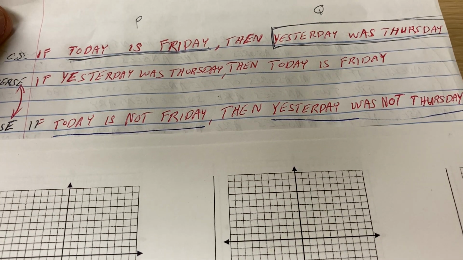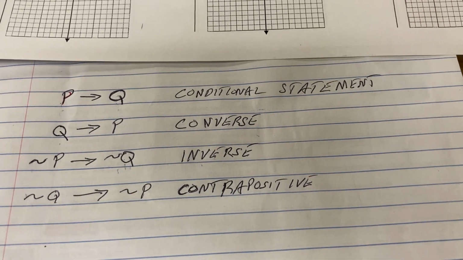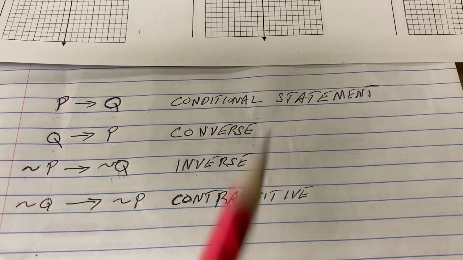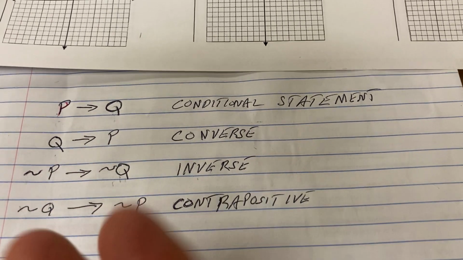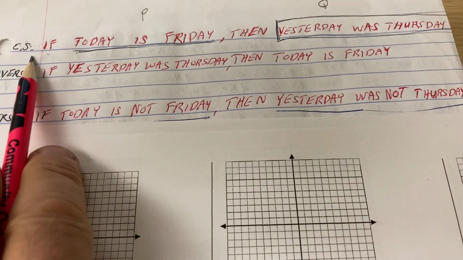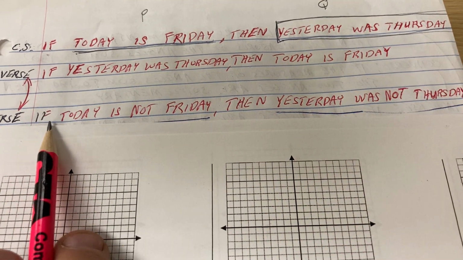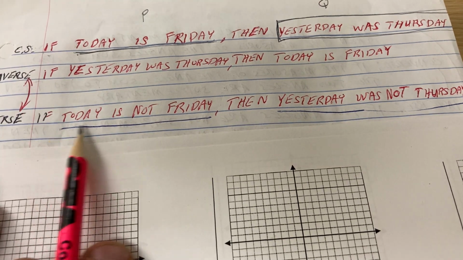Next one is the contrapositive. If this is your conditional statement, you find the inverse, and then you switch the order. Here's our conditional statement. Take the inverse, and here's the inverse.